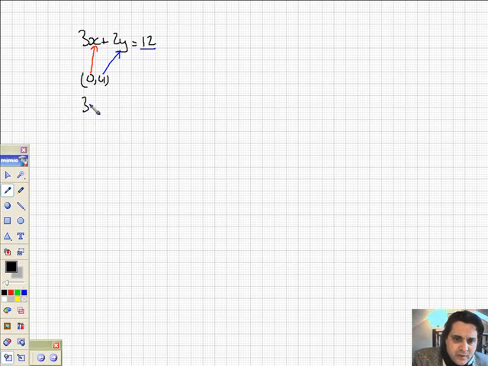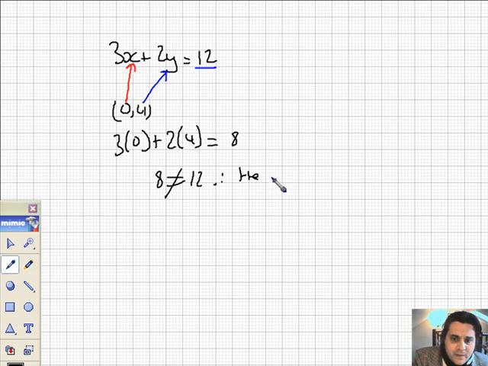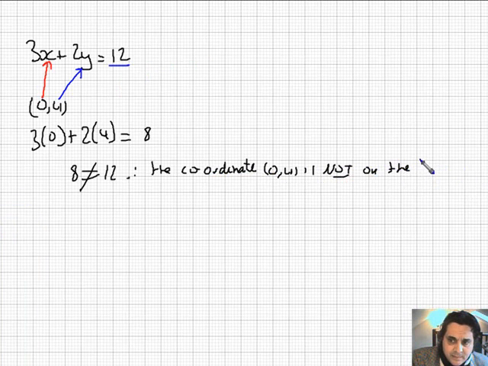I've got 3 times 0 plus 2 times 4. 3 times 0 is 0, and 2 times 4 is 8. That equals 8. Well, 8 is not equal to 12, therefore the coordinate 0, 4 is not on the line.